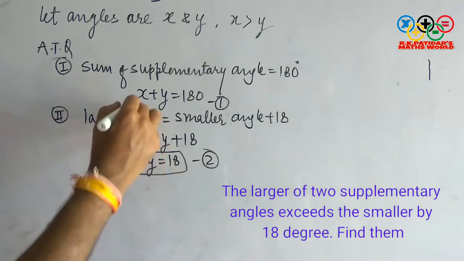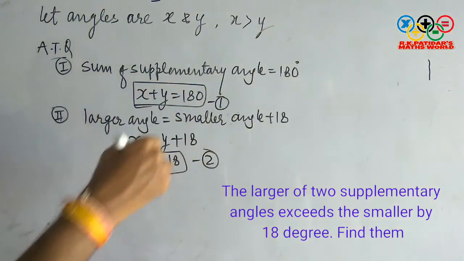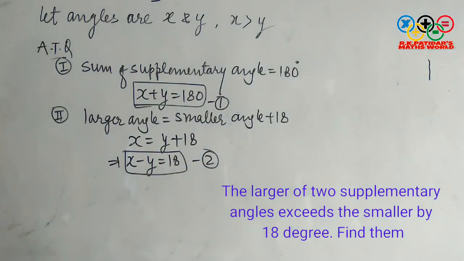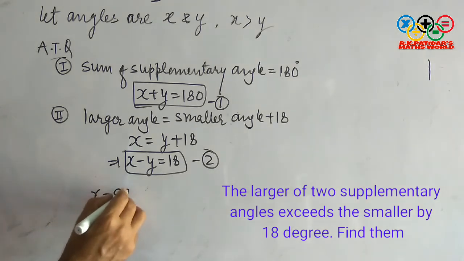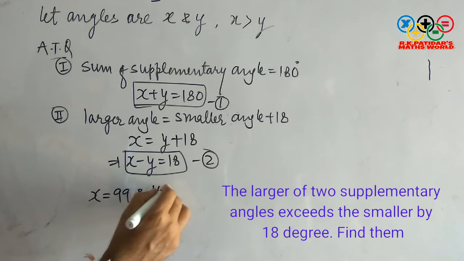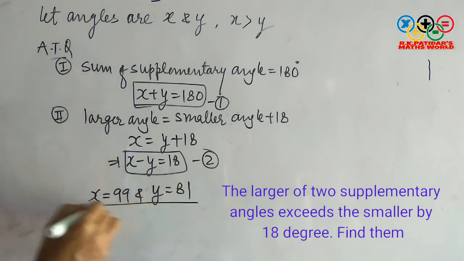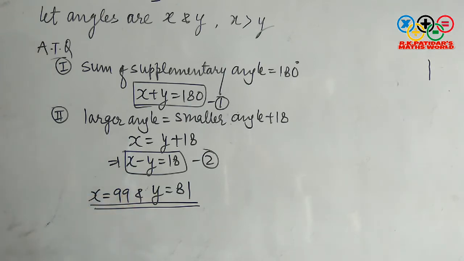This is the second equation. So easily by elimination we can solve these two equations. If you solve, then we will get x is equal to 99 and y is equal to 81. इनको सोल्व करेंगे तो ये आपको मिलेंगे. ये आपके क्या एंगल्स होंगे? सप्लीमेंट्री एंगल 99 and 81.